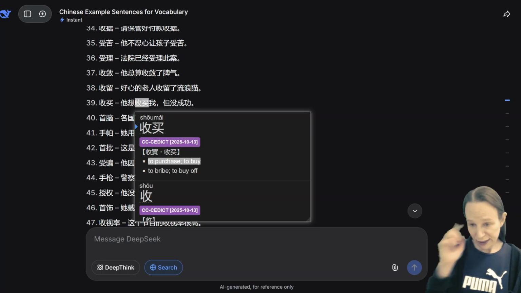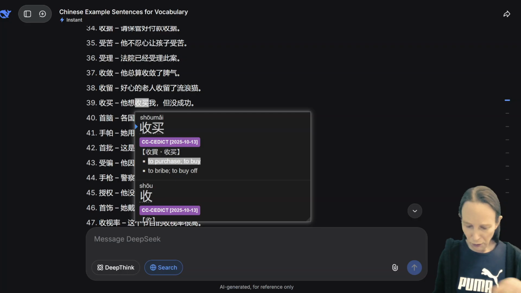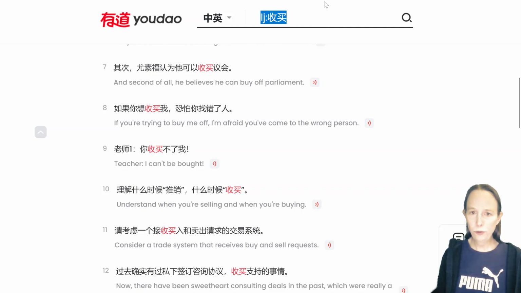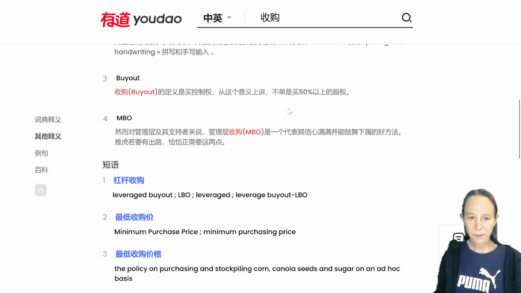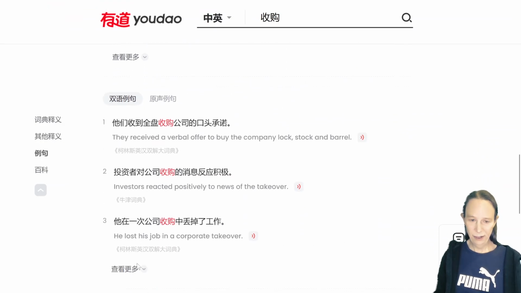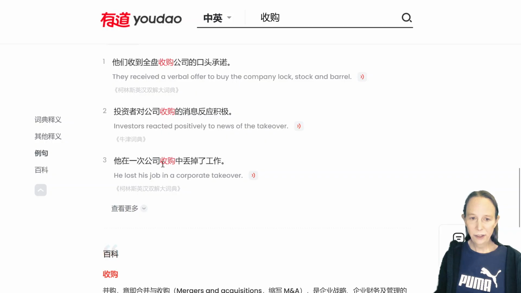There are two definitions in the dictionary. The first one is 收购. So this is kind of neutral. This is like purchase. 收购. 他在一次公司收购中，丢掉了工作. So it's a company purchase.